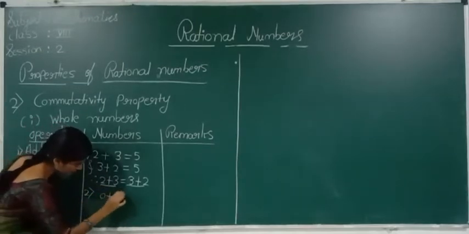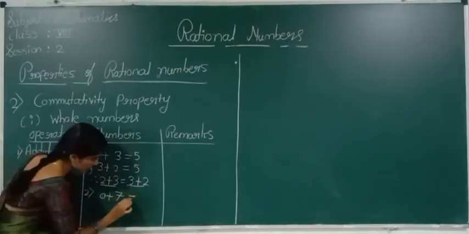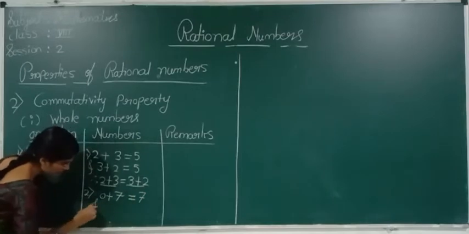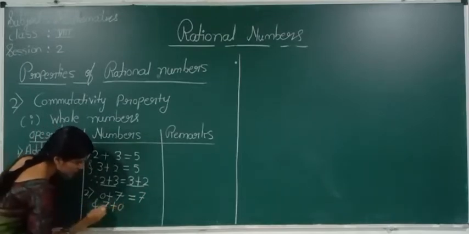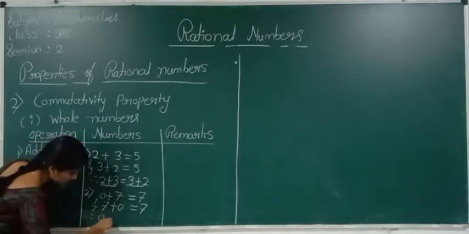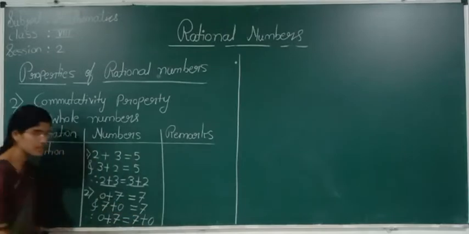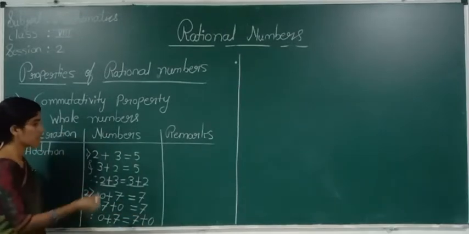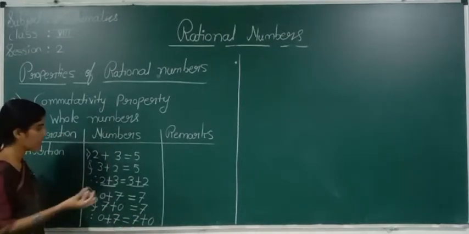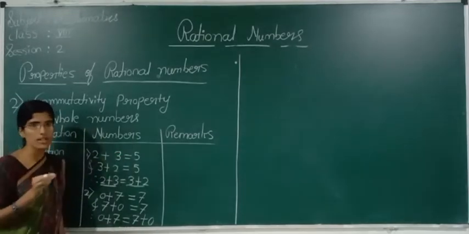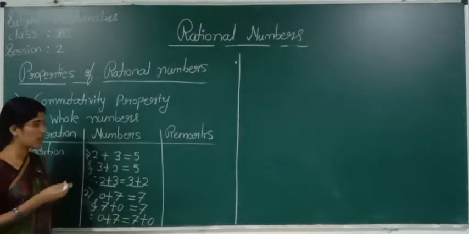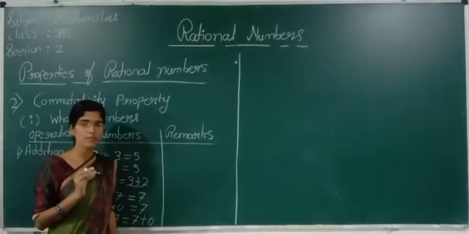0 plus 7. What is 0 plus 7? 0 plus 7 is 7. And what is 7 plus 0? 7 plus 0 is 7. Therefore, 0 plus 7 is equal to 7 plus 0. What can we tell in general? If a and b are two whole numbers, then a plus b is equal to b plus a.